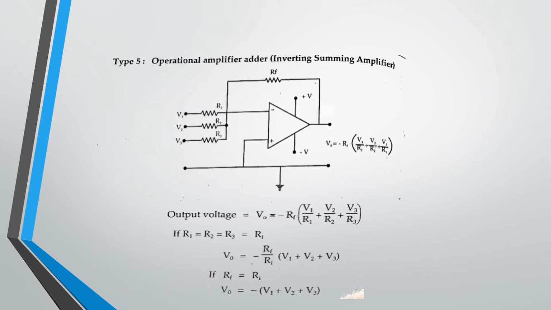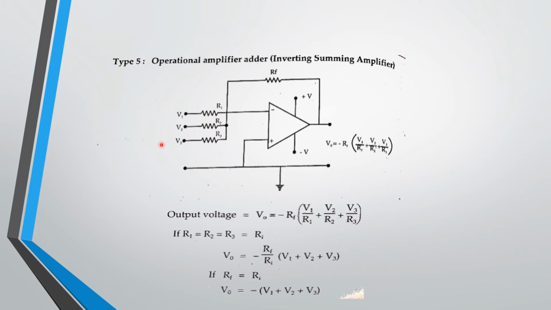The next one is adder, that is also known as inverting summing amplifier. Why is it known as inverting summing amplifier? Because we apply the input voltages to the inverting input terminal, and we are adding those voltages at the output side.